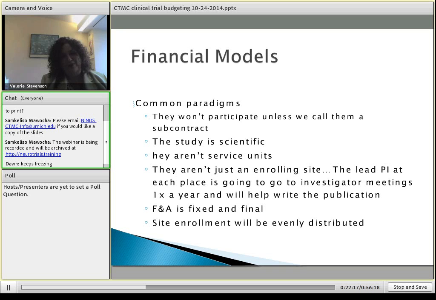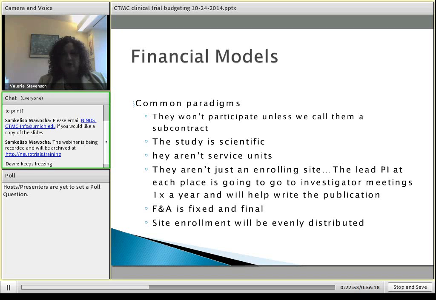But then you find out that one site is enrolling 10 subjects, one site is enrolling 2, and your budget begins to get skewed. So enrollment is not evenly distributed many times, unless you ask a place to enroll 5 patients and then they'll stop. But many times we don't, because we're looking for opportunities to enroll. If you don't have an agreement that's specifically like that, you've got to think about how enrollment can change and that it's not static.